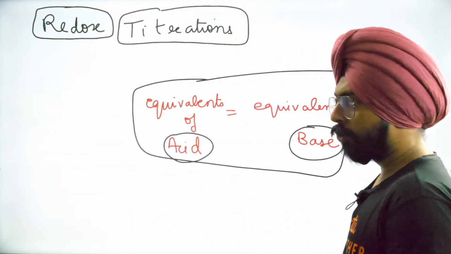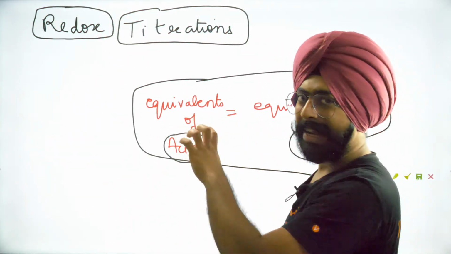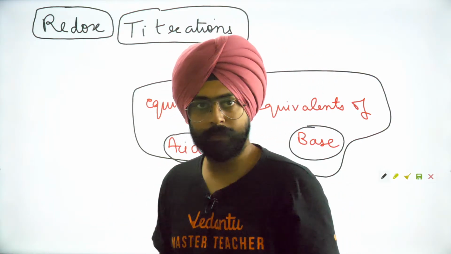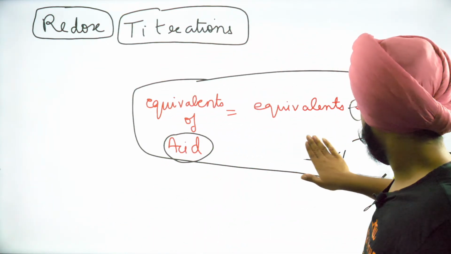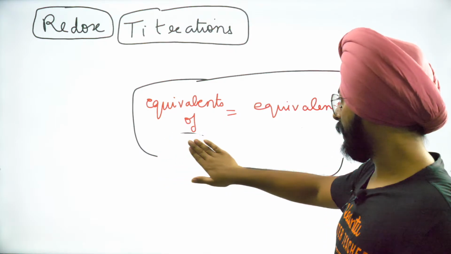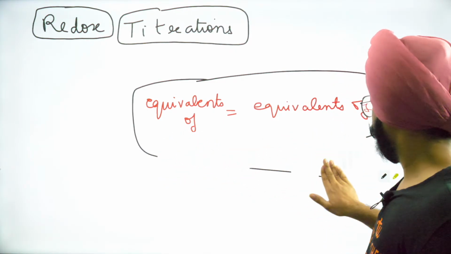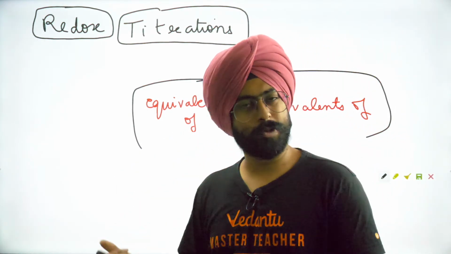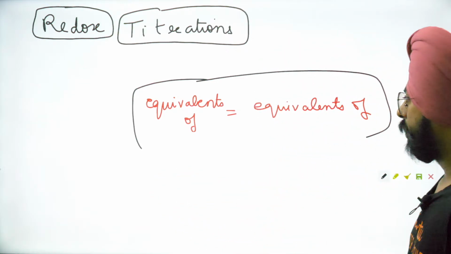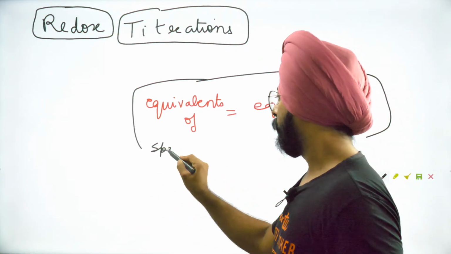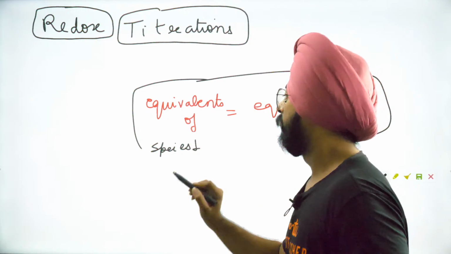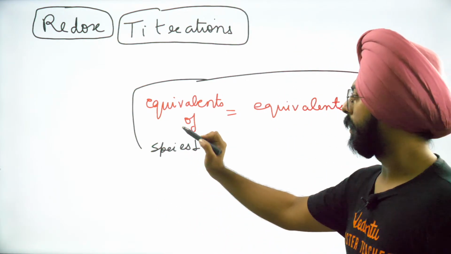Right? So the funda of equivalence in redox is a little different. For titration, the formula, the basic logic that you will use is exactly the same. Equivalence of species 1. What spelling did I write?